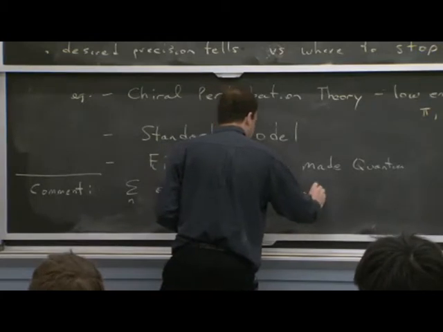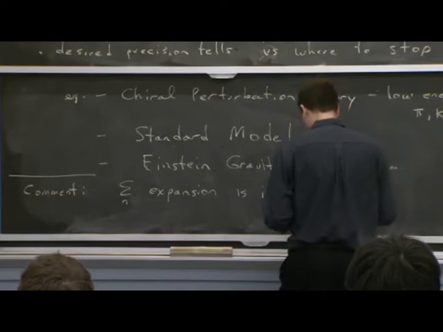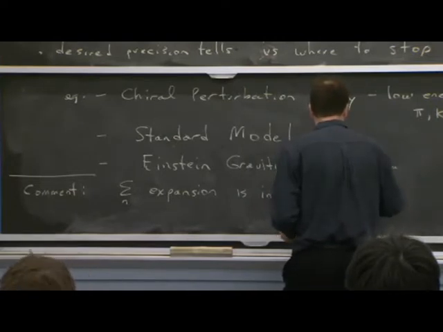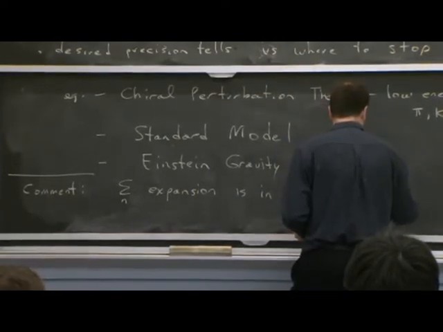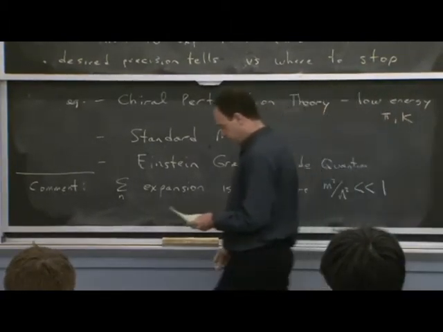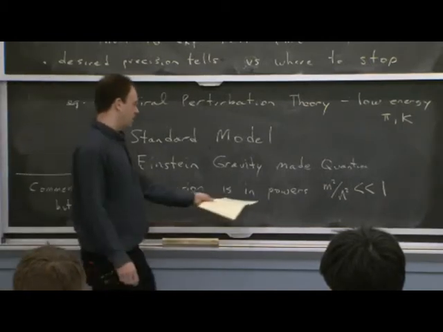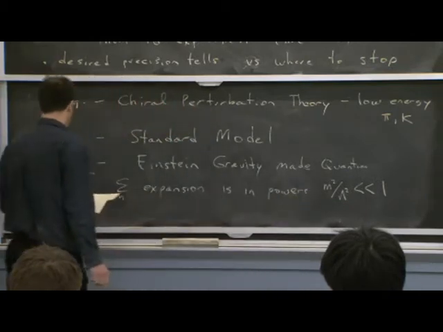So far when we've been talking about this sum over n, we've been really thinking about expansions in powers. Some mass scale divided by some other scale being much less than 1. Okay, that's what we've meant by it. But when you have two scales like this, m and lambda, you also get logarithms.